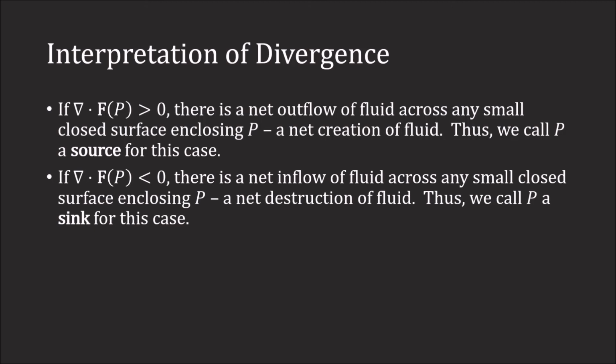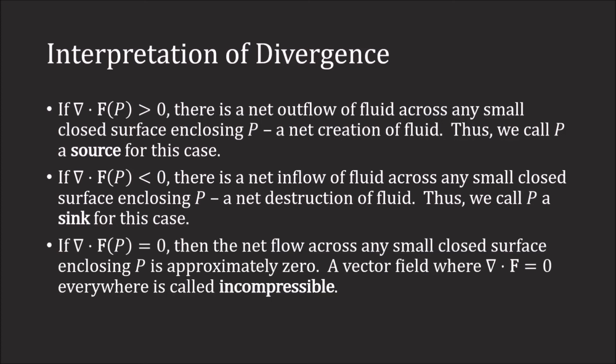Then there is a net inflow of fluid across any small closed surface enclosing P. We can think of this as a net destruction of fluid. So for this case, we call P a sink. Or the divergence could be zero, in which case the net flow across any small closed surface enclosing P is approximately zero. A vector field where the divergence is zero everywhere is said to be incompressible.